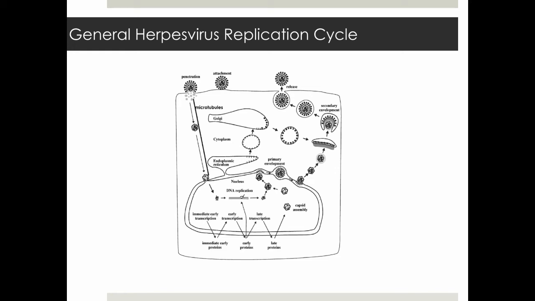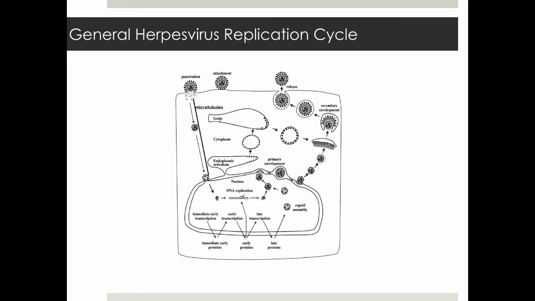But these infection processes happen by binding of lots of different membrane glycoproteins to the outside and release of the nucleocapsid into the cell. Once the nucleocapsid is in the cell, that nucleocapsid gets transported along microtubules. And again, many of these herpes viruses infect neurons, and these can be really massive cells.